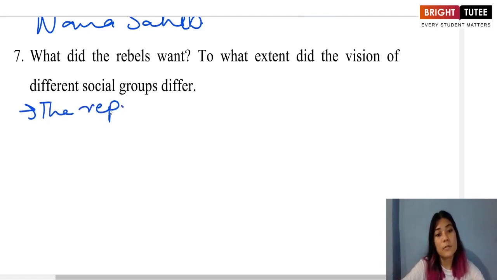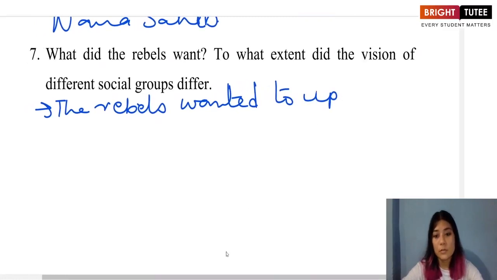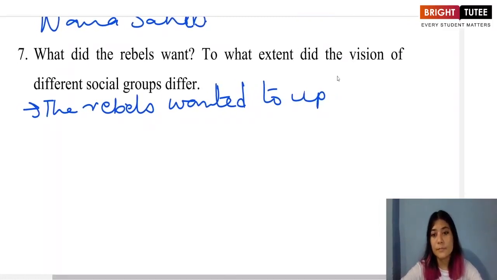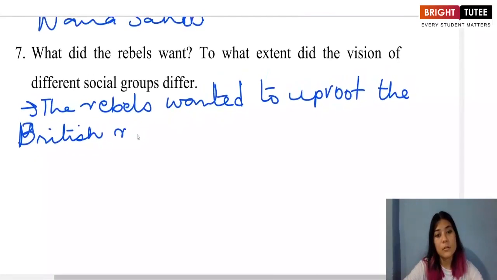The rebels wanted to uproot the British rule from India.